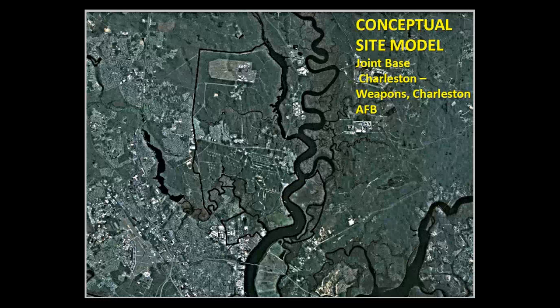And so we came up with this concept, and the base-wide CSM is a more regional look. Instead of going site to site to site, we use the data from all the sites combined. There are probably 40, 50 sites on this particular property, and they've never been looked at except as one site and then another site.